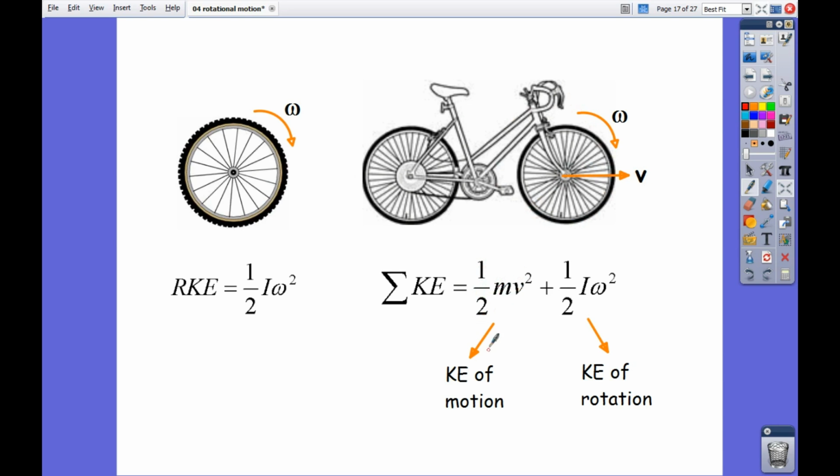Half m v squared is the kinetic energy of motion in linear, and half I omega squared is the kinetic energy of rotation. So if we sum this up, it becomes total kinetic energy. This total kinetic energy is possessed by an object that is rotating and translating at the same time.